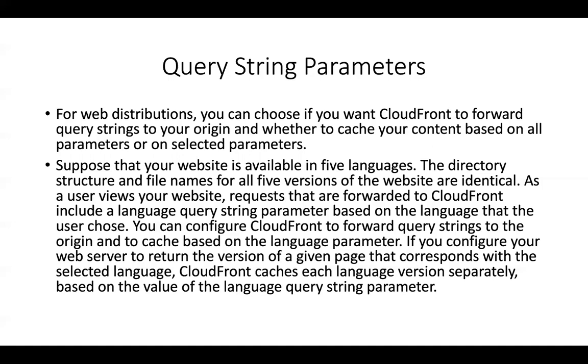You can configure CloudFront to forward these query strings to your origin and to cache based on those parameters. You can either choose to cache based on all parameters, or you can choose to cache based on selected parameters. If you configure your web server to return the respective version of the web page which corresponds to a specific language, CloudFront caches each language version separately based on the value of the query string parameter.